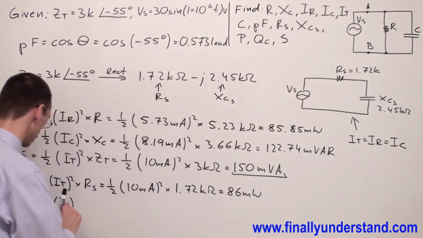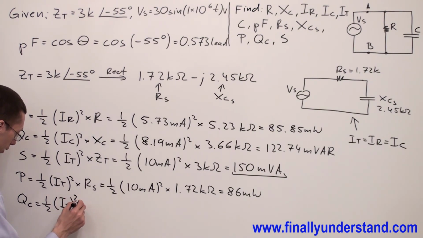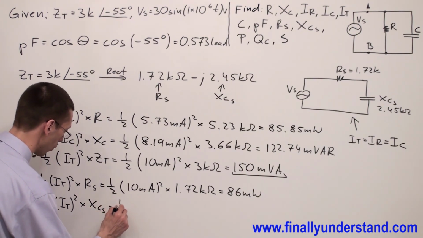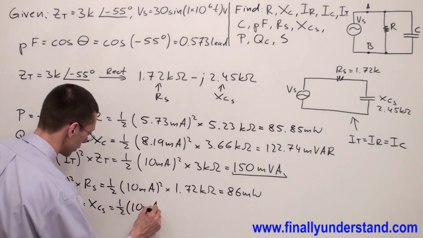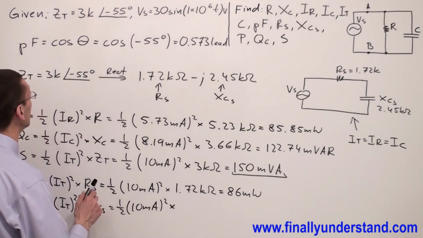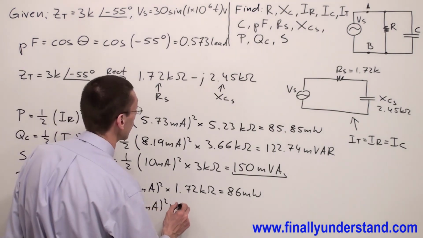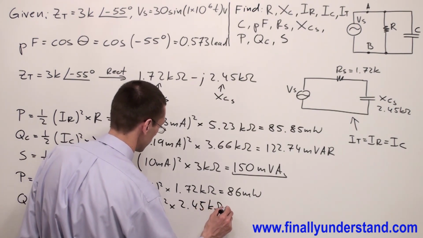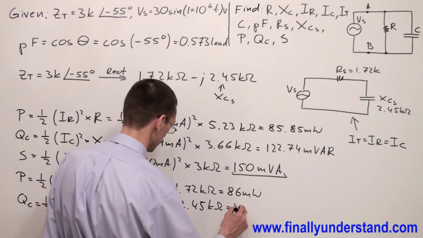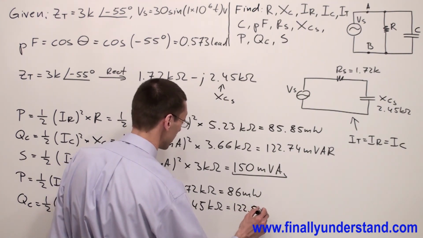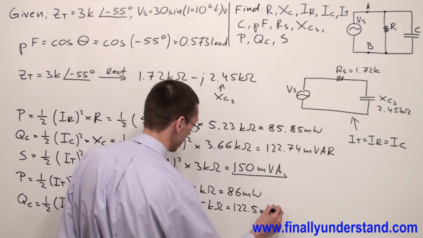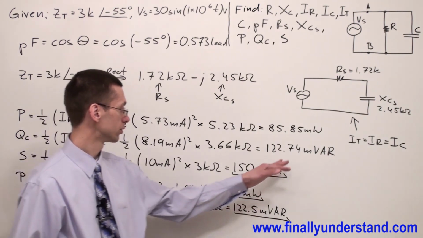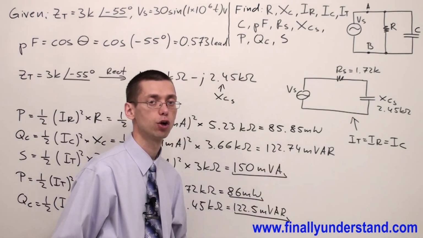Okay, so that's why I'm using always I total raised to the second power times X of C. QC is equal 1/2 10 milliamps raised to the second power times X of CS, which is equal 2.45 kiloohms, is equal 122.5 millivolt ampere reactive.